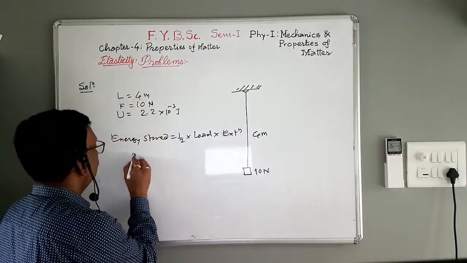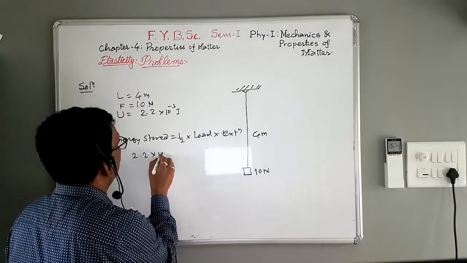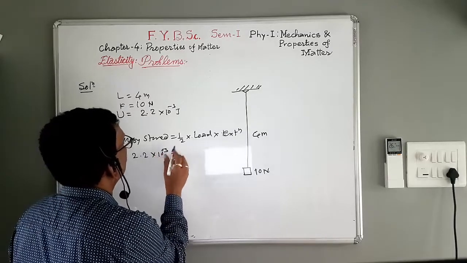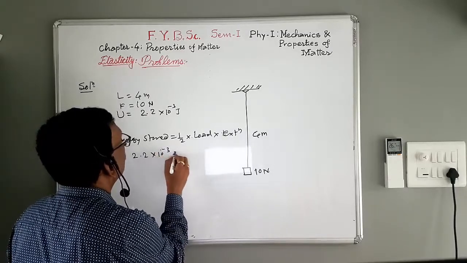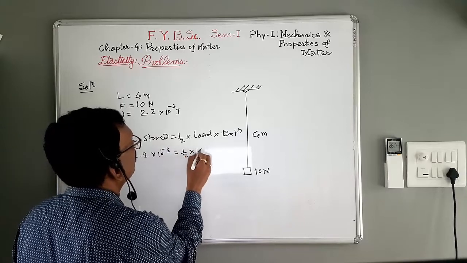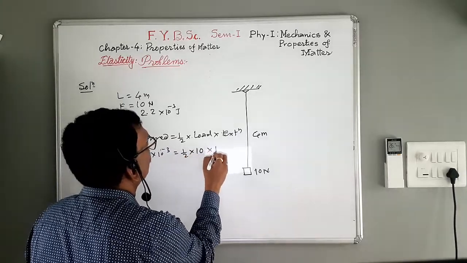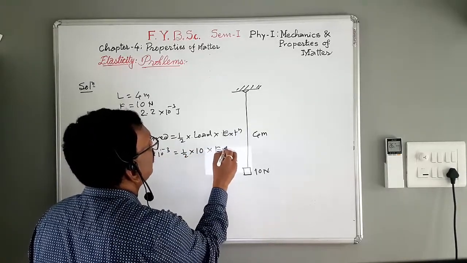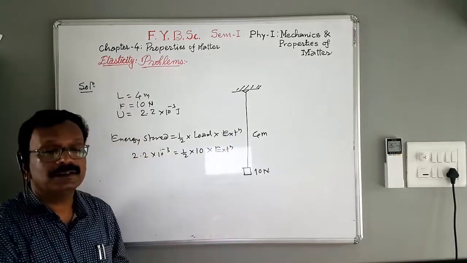So energy stored 2.2 into 10 raised to minus 3 is equal to 1/2, load is 10, and we are going to calculate the extension.